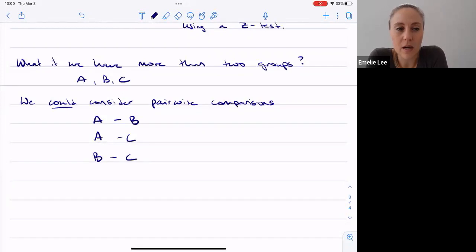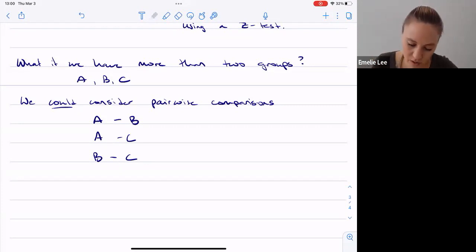The problem becomes we open ourselves up to a type 1 error every time that we do this, right? And so that means that there's a 5% chance of a type 1 error here, 5% here, and 5% here, right? And so I've increased the probability of making a type 1 error. So it's inflated. So it's not 5% anymore. It's, I think, 15. I can't remember the math. Anyways, doesn't matter.